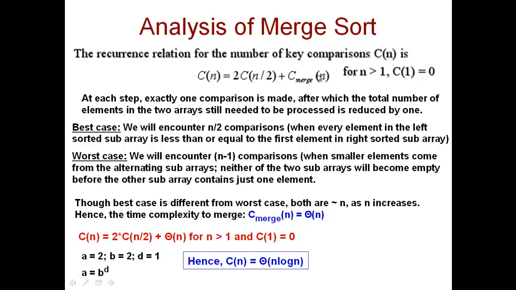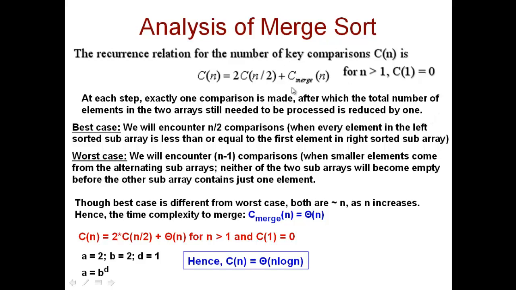So this is a recurrence for n greater than 1. As I said, you need to sort an array only if it has more than one element in it. If it has only one element, you don't need to do any comparison, the array is already sorted. So the number of comparisons if there's only one element, which is C of 1, is 0.